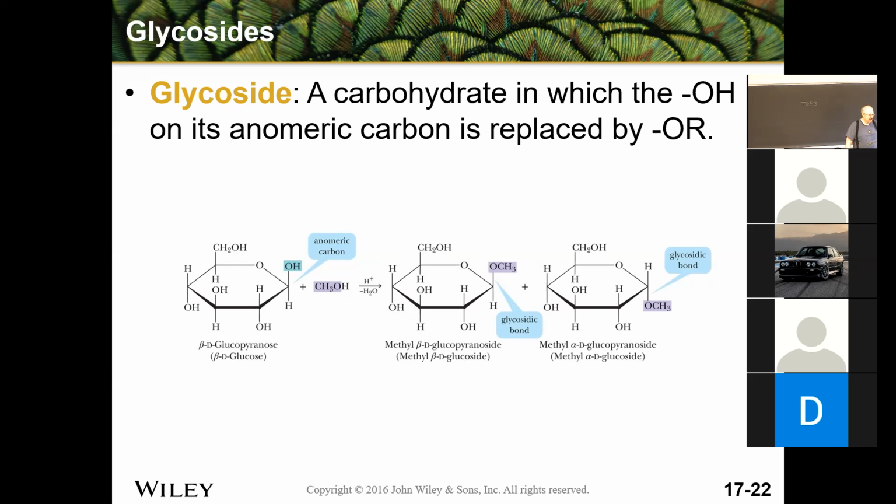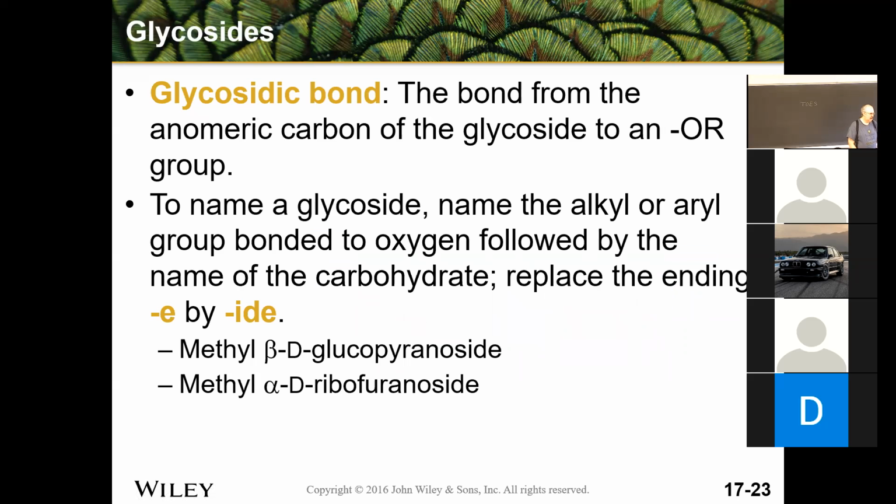Right, a glycoside is a carbohydrate in which the OH on its anomeric carbon is replaced by an OR, such as a methyl group. A glycosidic bond is a bond from the anomeric carbon to the OR group.